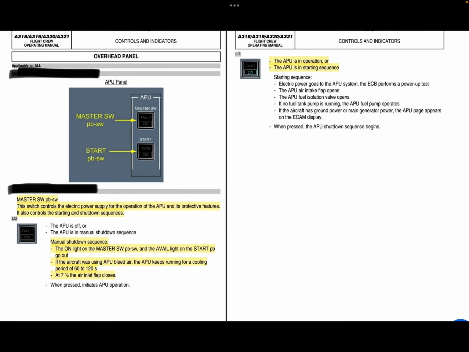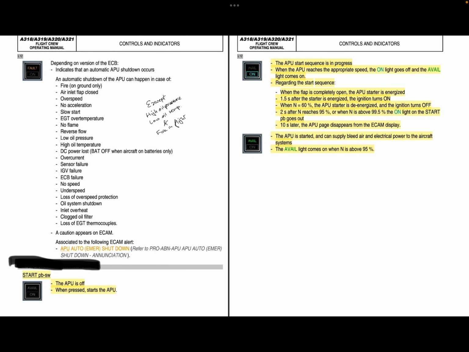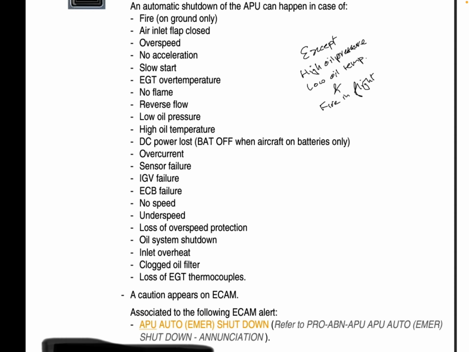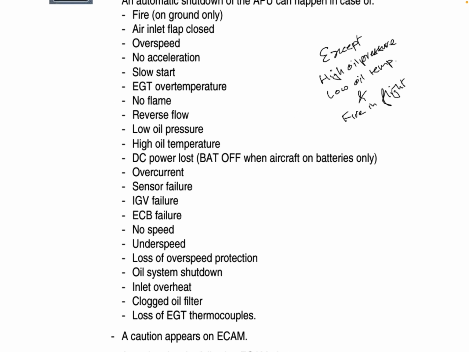There are a few reasons when the APU's automatic shutdown occurs: overspeed, no acceleration or slow start, no flame or reverse flow, low oil pressure, overcurrent, sensor failure, IGV failure, obviously ECB failure, no speed, underspeed when APU is running, and loss of overspeed protection.